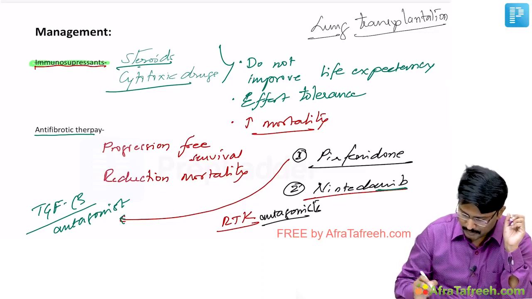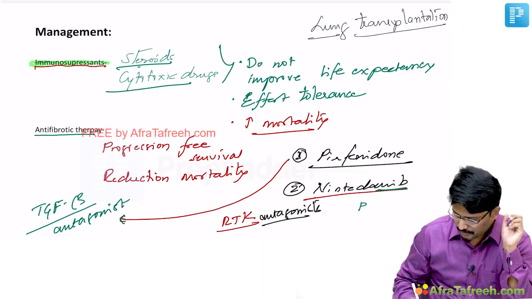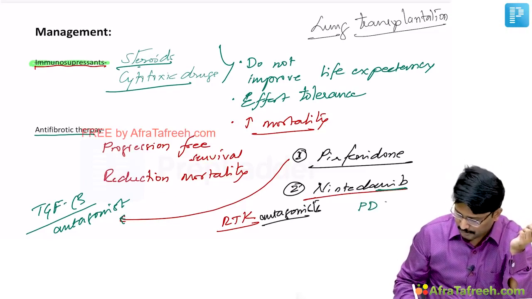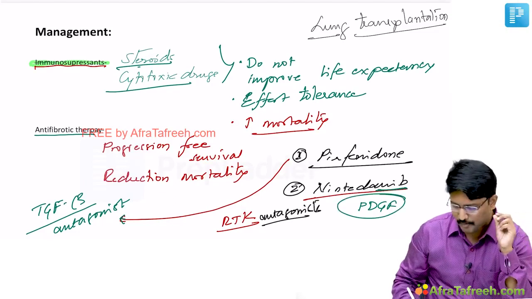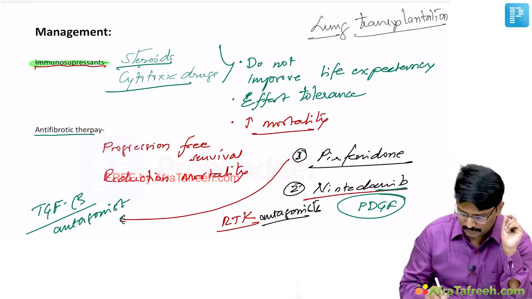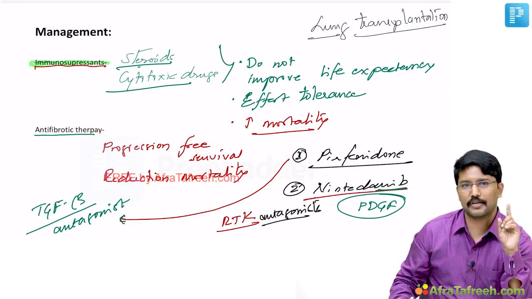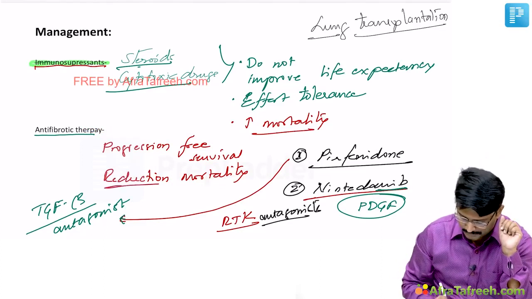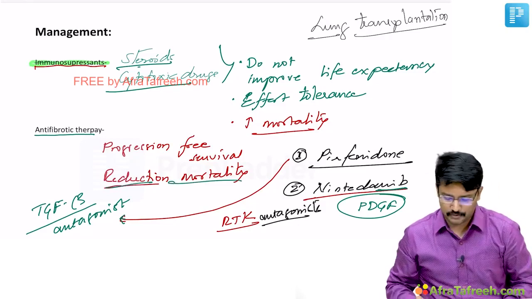This nintedanib, I can't say specifically, but predominantly acts against platelet derived growth factor, and PDGF has a significant role in pathogenesis. So these two drugs have shown that they improve progression free survival and they also reduce mortality, and hence these are the drugs that we offer to most of our patients when we want to treat.